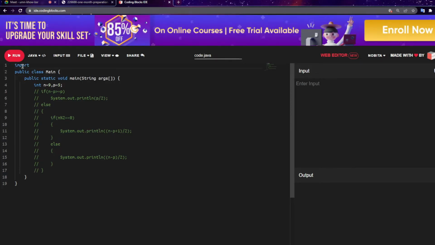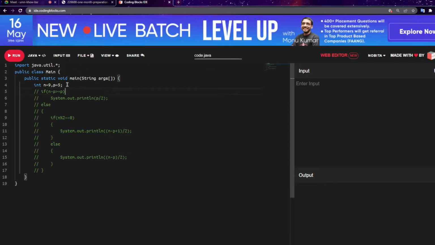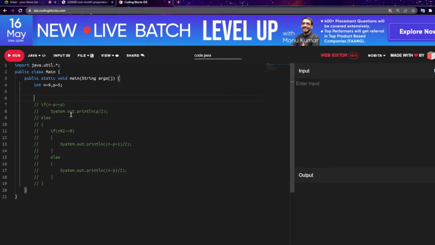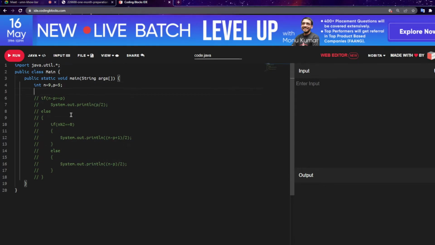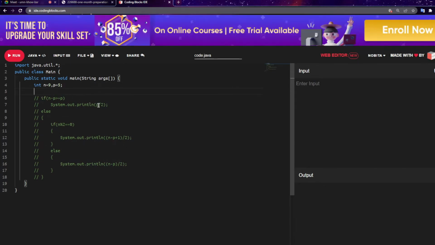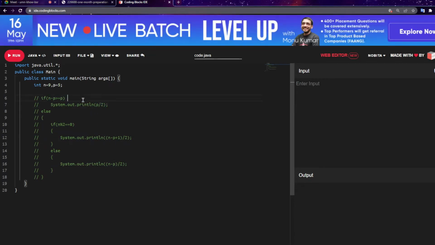So first of all, I need some packages for this. So I am importing the util package here. Then, as we have seen n minus p, and we are checking the condition and printing p by 2, this is for the front side and this is for the back side, right?